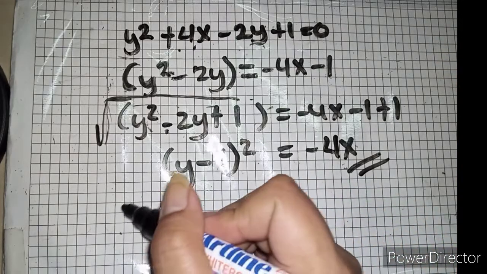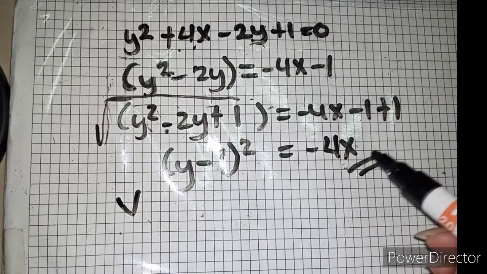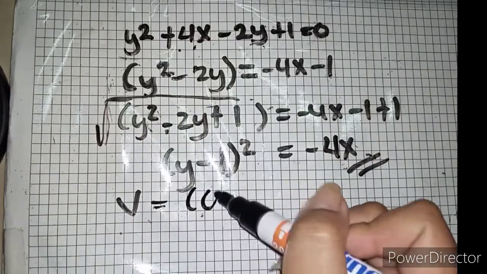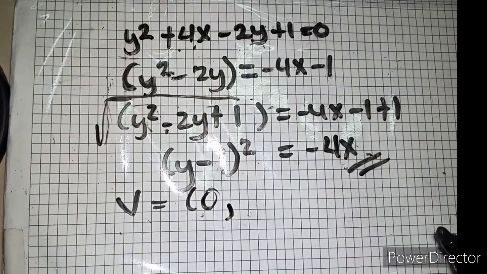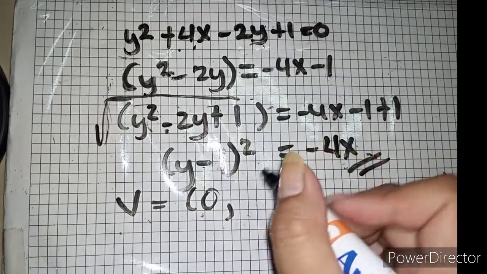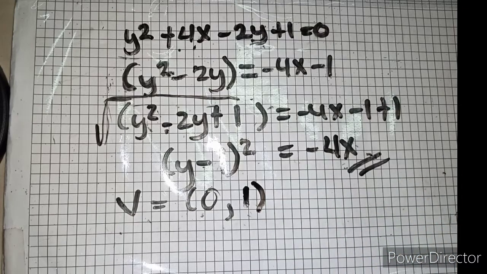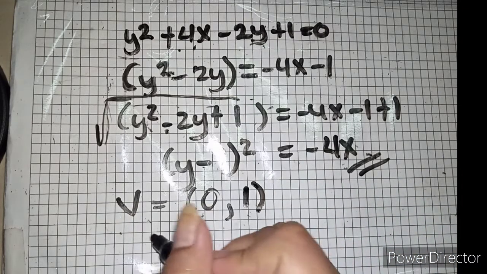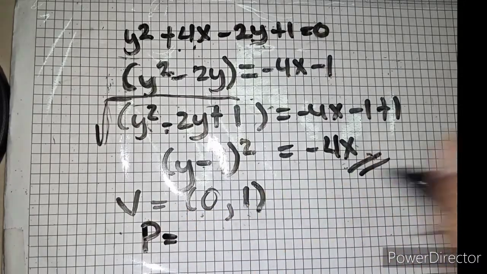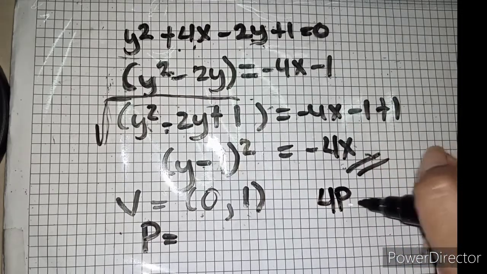So, now, let's find the vertex. So, our vertex, since walang value yung h natin, so alam na natin na 0 yon. And then, for the value of our k, since negative 1 to, pag inilabas natin, magiging positive 1 naman siya. Okay? And then next, we're going to find the value of our p. So, dito sa ating standard equation, kunin muna natin si 4p.